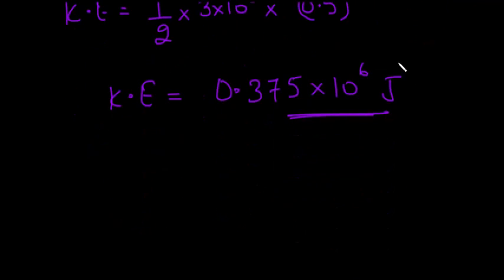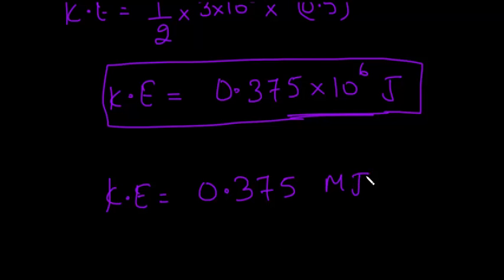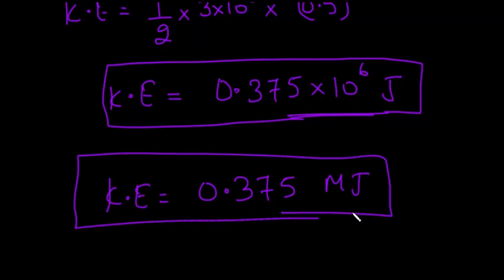And from the prefix table, we know that 10 to the power 6, we can also write it. So the answer is this. Okay, and suppose you don't want to write 10 to the power 6, what you can do, from the prefix table, you know that 10 to the power 6 is mega, so you can write this answer as megajoules. Both are correct.